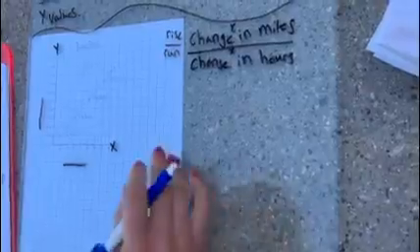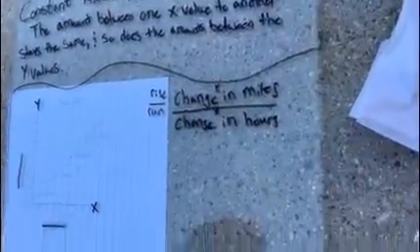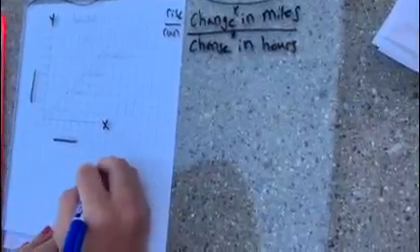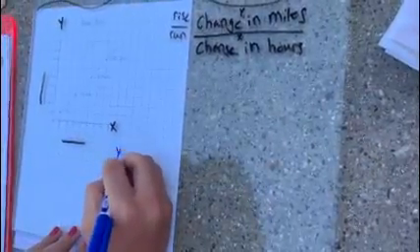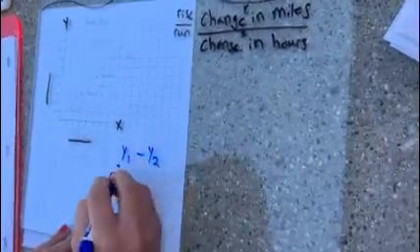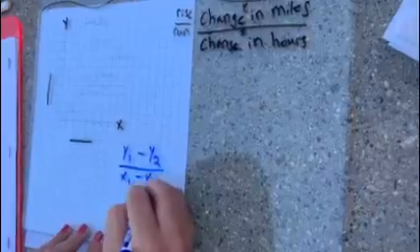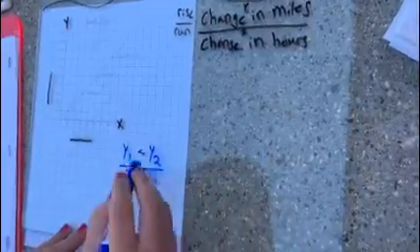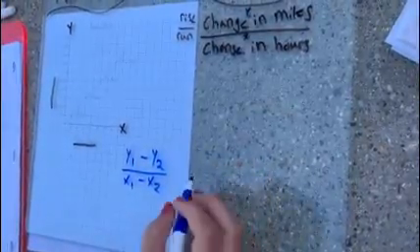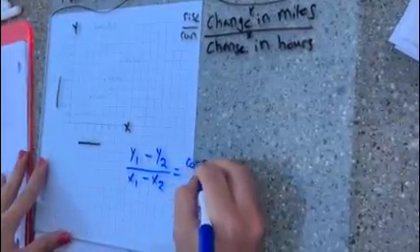In order to find the constant rate of change, we're going to need to use another equation, which is y1 minus y2 over x1 minus x2. And this equation will equal the constant rate of change.